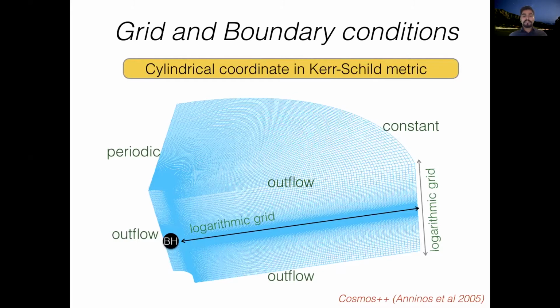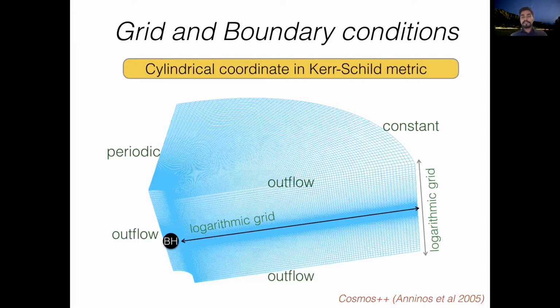The boundary conditions are periodic in phi, and in the inner part it's an outflow boundary condition, meaning the plasma or the flow can go into the black hole. The outer boundary is constantly fed with a fixed value of M dot, which means that the very last active cell of this numerical domain is constantly replaced by the ghost cell value next to it. So it's like feeding matter from the outer boundary at a constant rate.